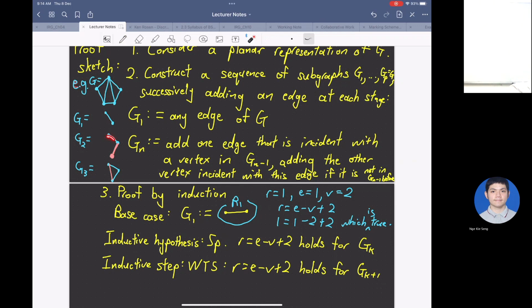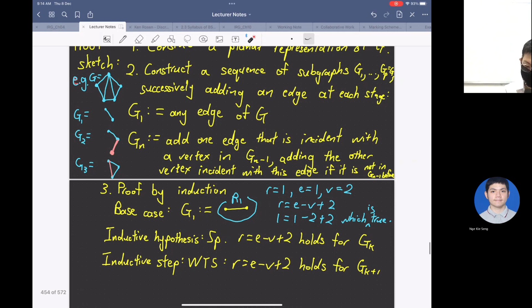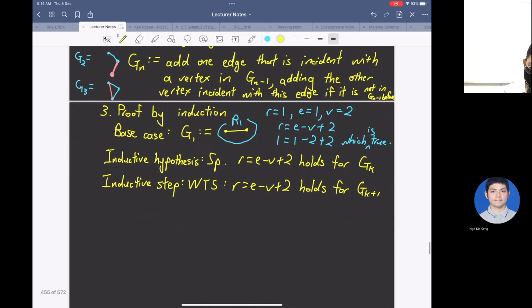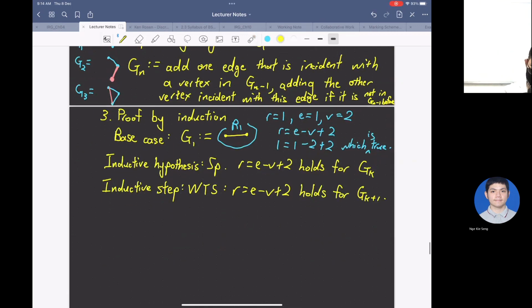So there are two cases, right? Either when you add the edge, the other vertex is not in there, or when you add an edge, both vertices are already in the previous subgraph. So there are two cases to consider.